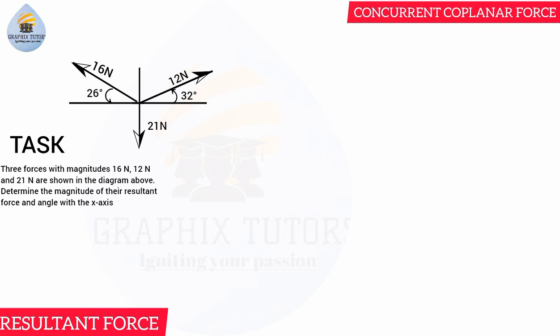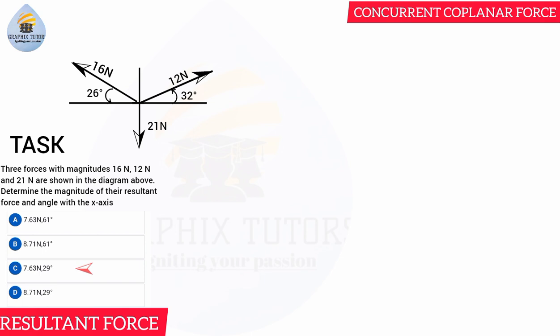And we are given options. Option A is telling us that the magnitude is 7.763 Newton and the angle, which is also the direction or the sense, is 61 degree. Option B is telling us the magnitude is 8.71 Newton and the angle is 61 degree.